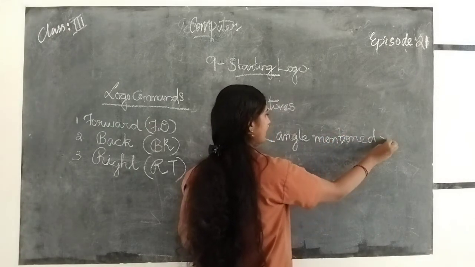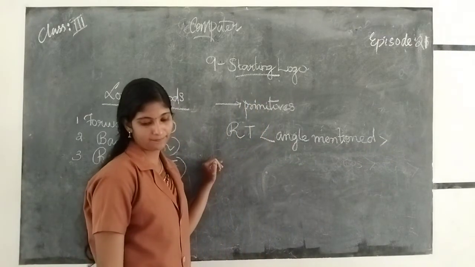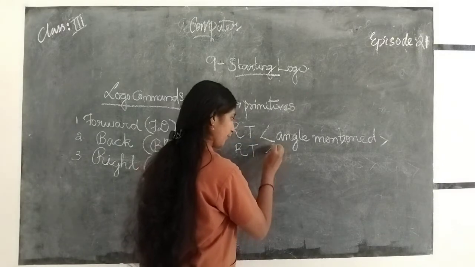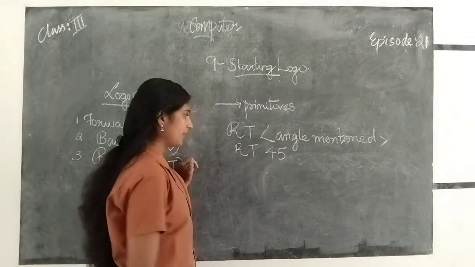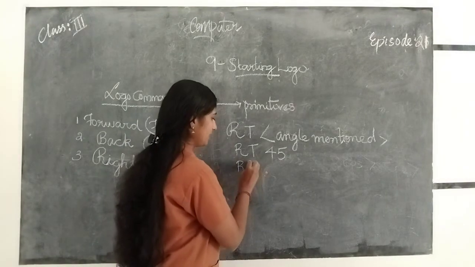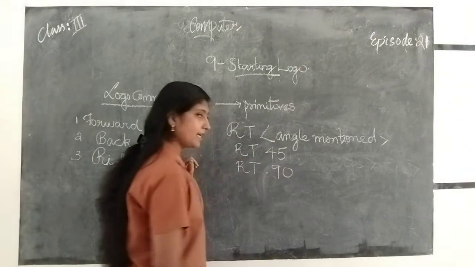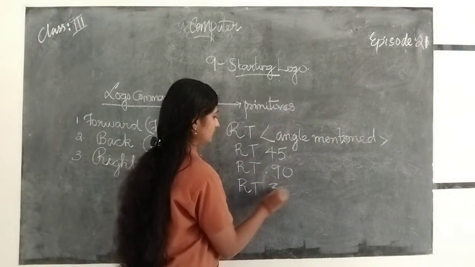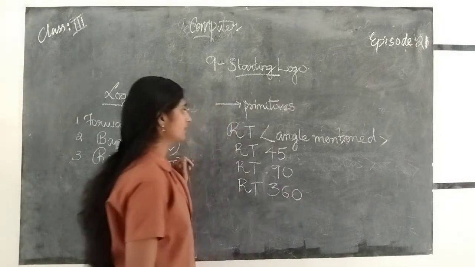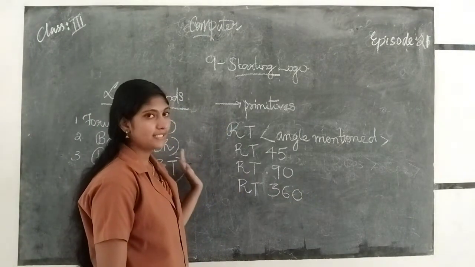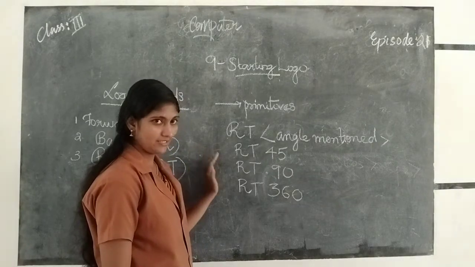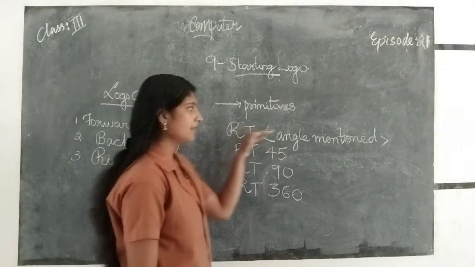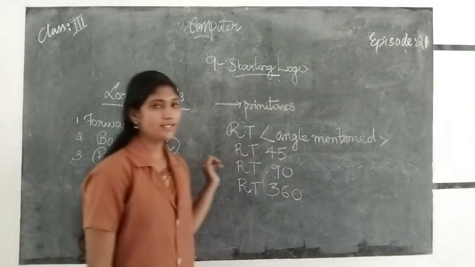Example, RT 45 degrees. 45 is an angle. Then RT 90 or RT 360. So the third command is right, R-I-G-H-T, and the code is RT. The syntax is RT, then mention the angle. What is its use?